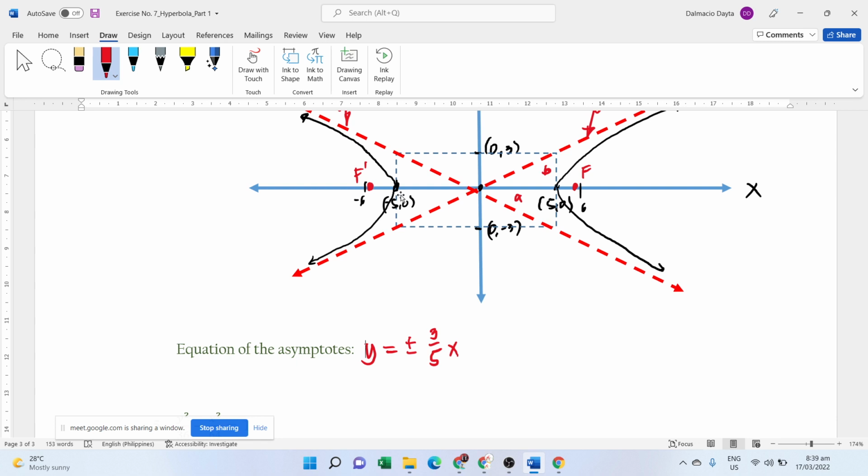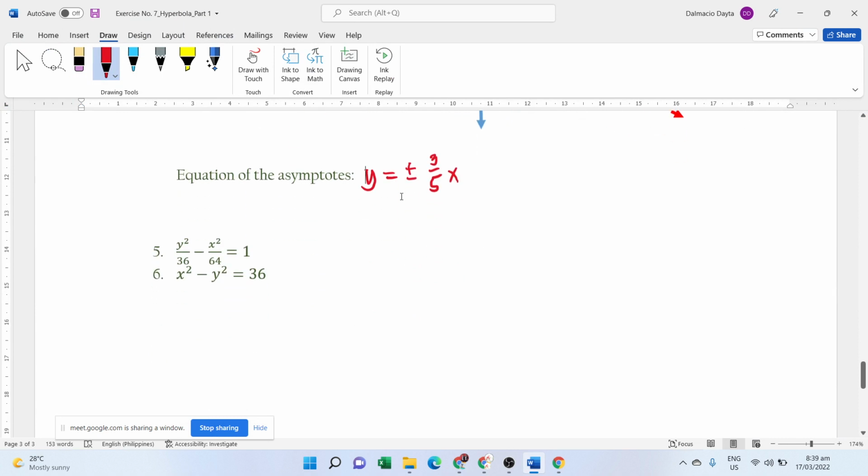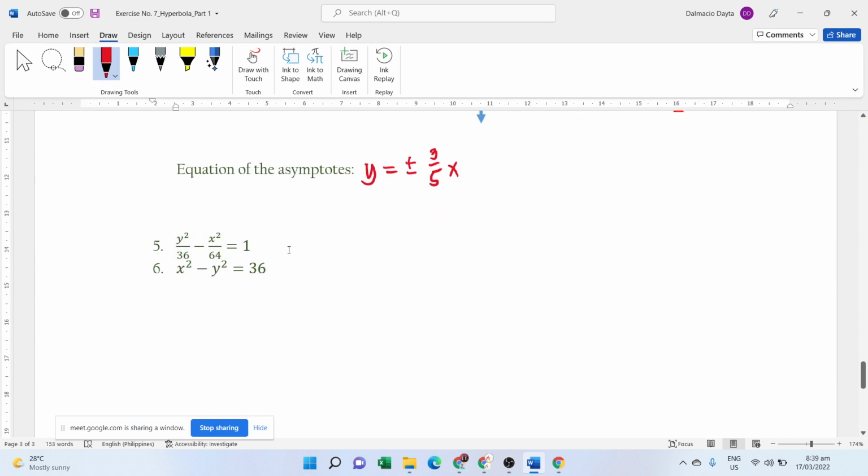Do you have any question, class? Nagawa niyo ba itong equation of the asymptote, everyone? Opo, sir. Yes, sir. Okay. Ako lang pala yung nakalimot dun sa properties. So, if you do not have any question, meron ba? Let's proceed to number 5.